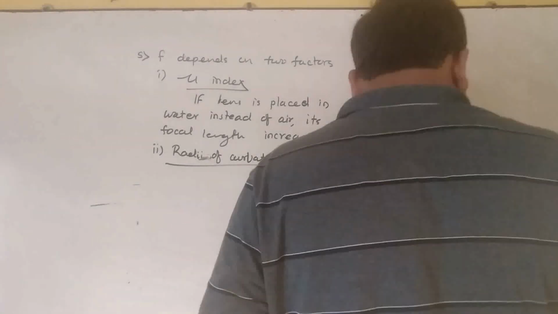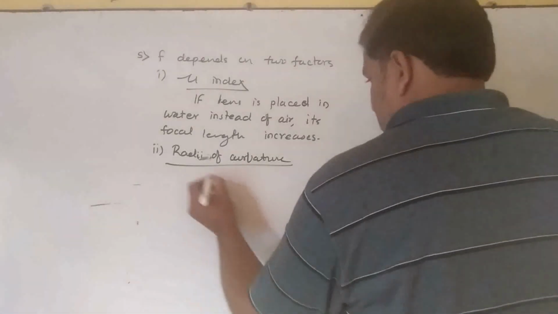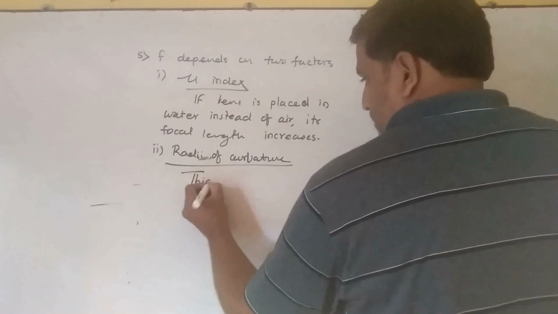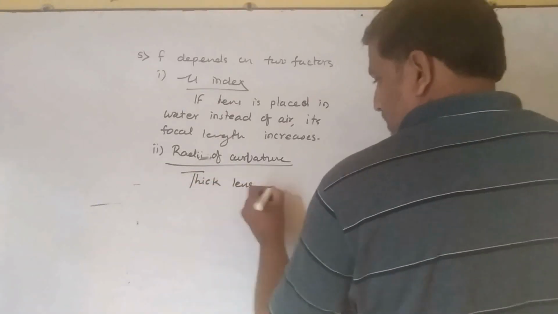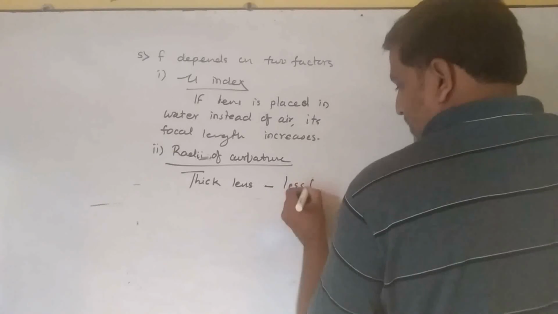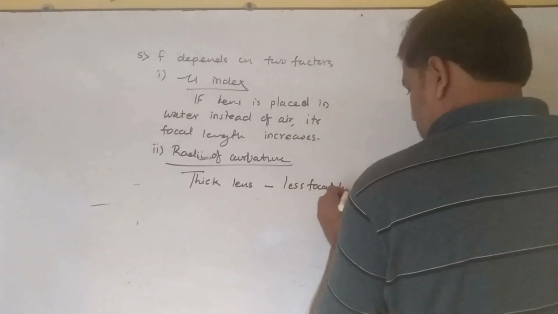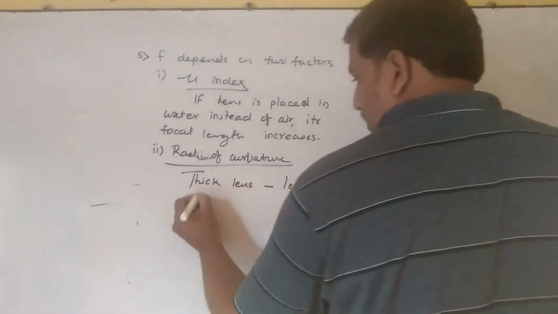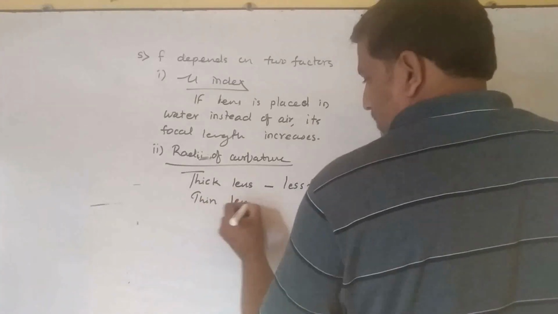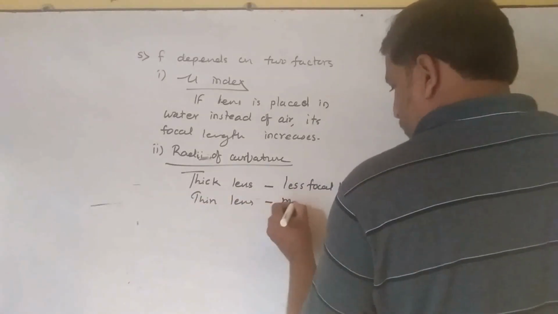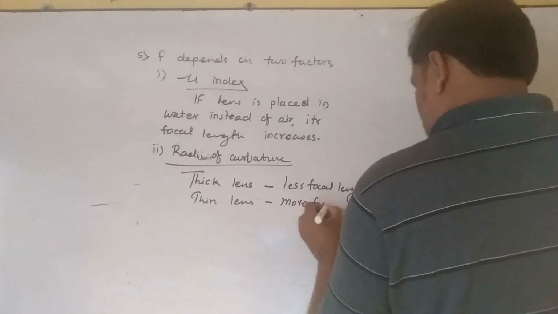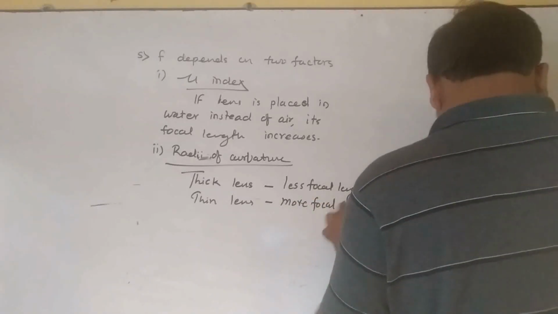Okay, a thick lens has a less focal length, while a thin lens has a more focal length.